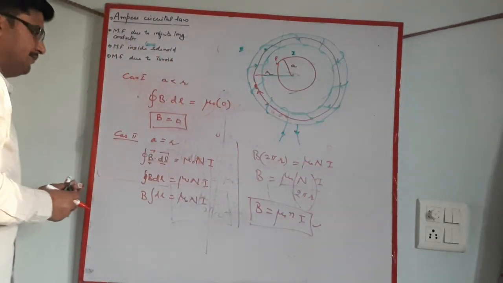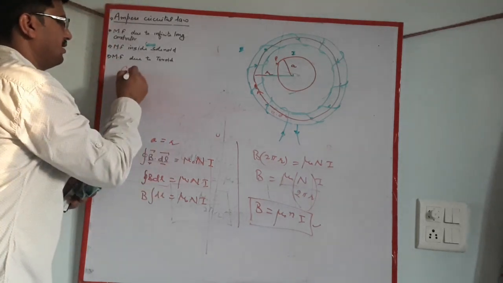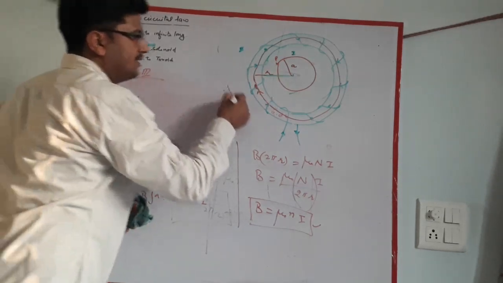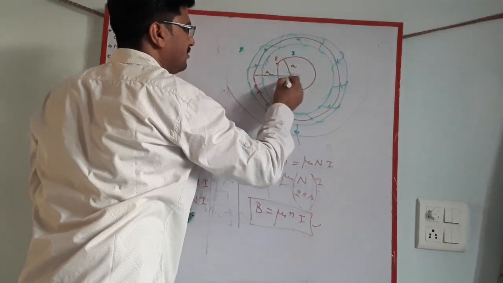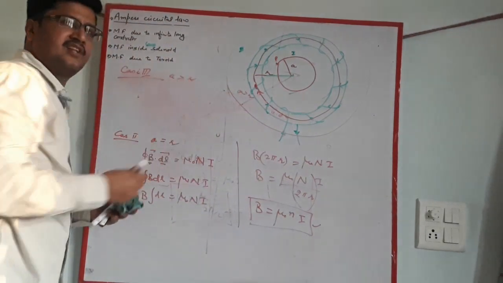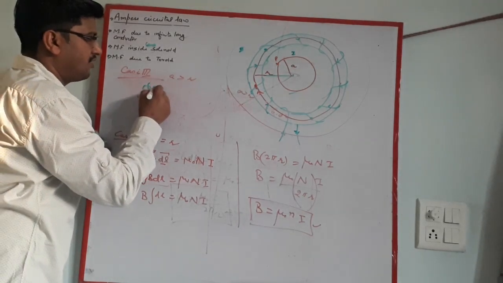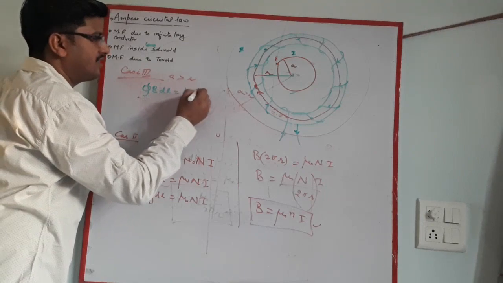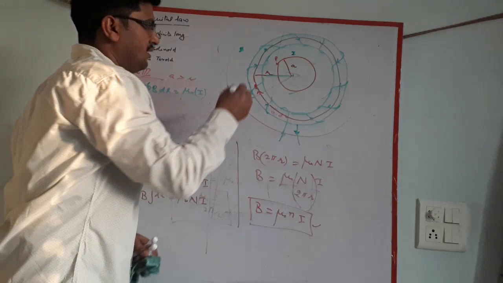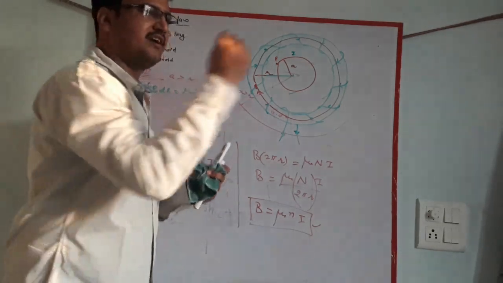And case 3, in the outer free space, if a is greater than r, then again the line integral of B dot dl is equal to mu naught I. Now see, a turn is like this.